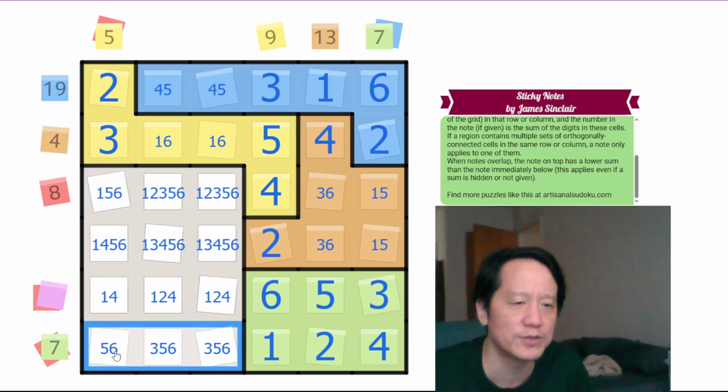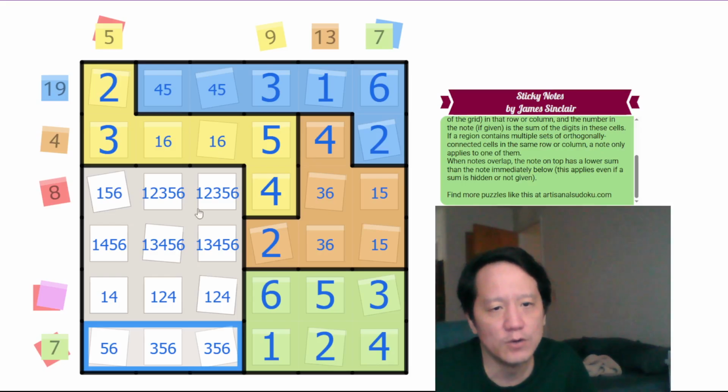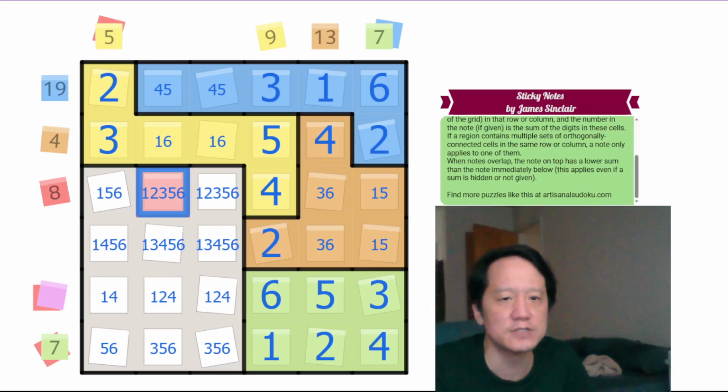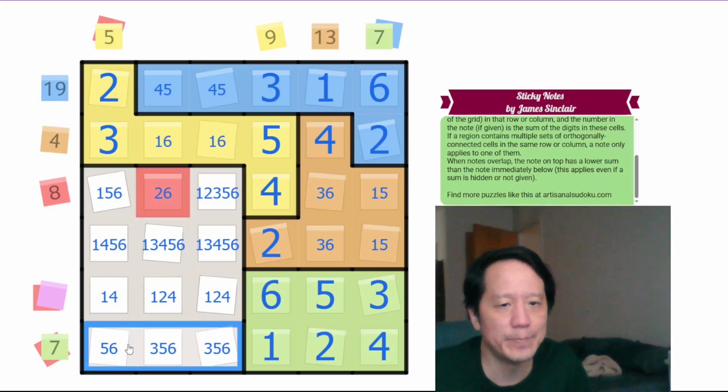So this must be 3 and 5 in the red here, which means red has to be, again, this has to be red, period. And it could be either red, red, or red, red. So it has to be 2 and 6, which will add up to 8.